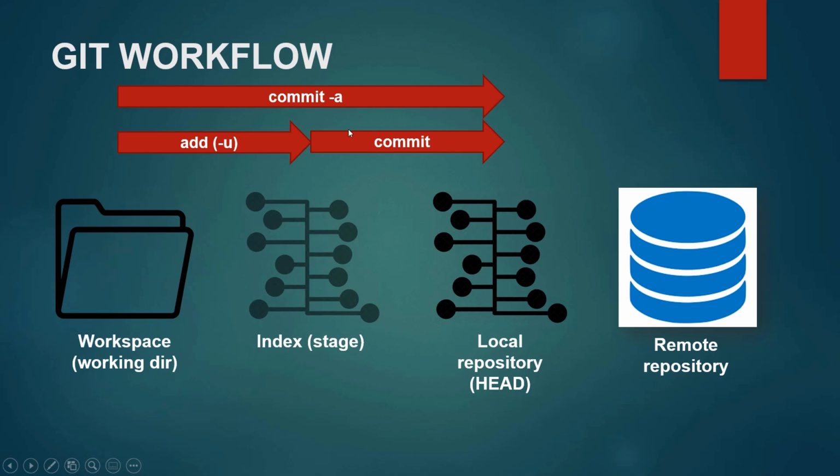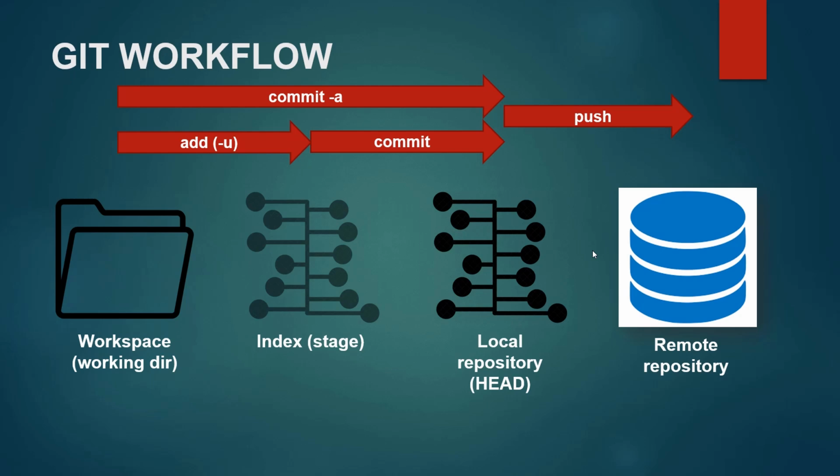And as we discussed when we looked at the difference between a centralized and decentralized version control system, in the case of the decentralized, there is a local repository, which is this one. After you saved your changes to the local repository, you explicitly push your changes to a remote repository.